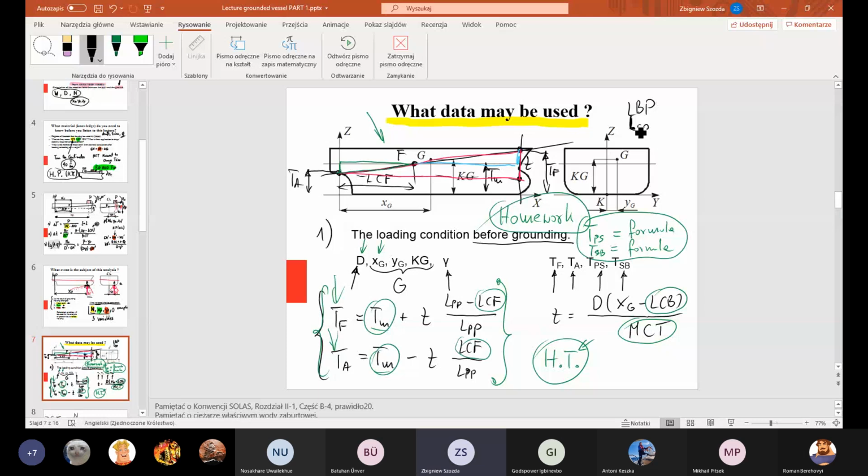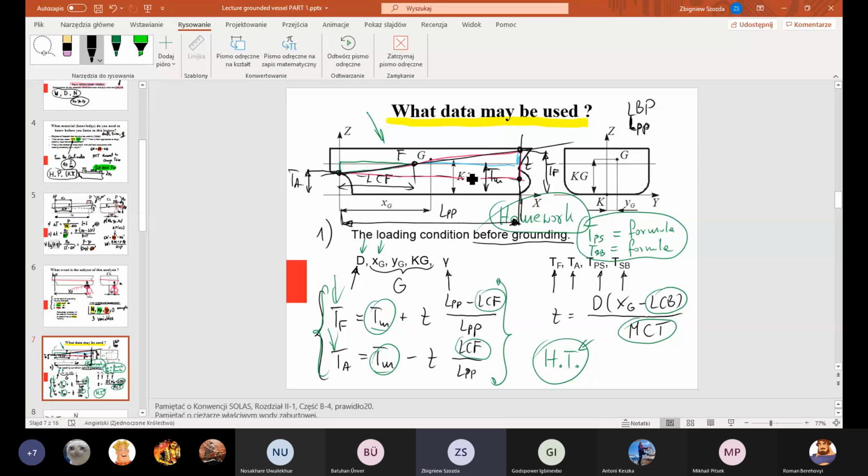LPP, length between perpendiculars. I hope you can see that the length between perpendiculars makes a relationship between triangles. I started to show you the red triangle, blue triangle, and green triangle.